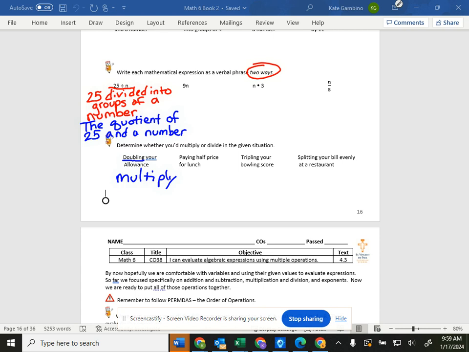We have time for me to work one-on-one with people if you have questions on practice work for the retakes for Friday. Let's try to be very productive in your math work time today. Khan Academy, math packet, practice work.